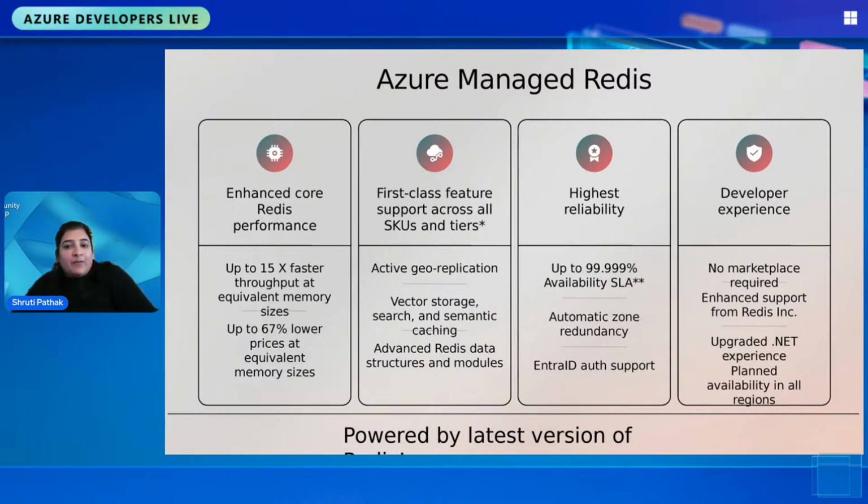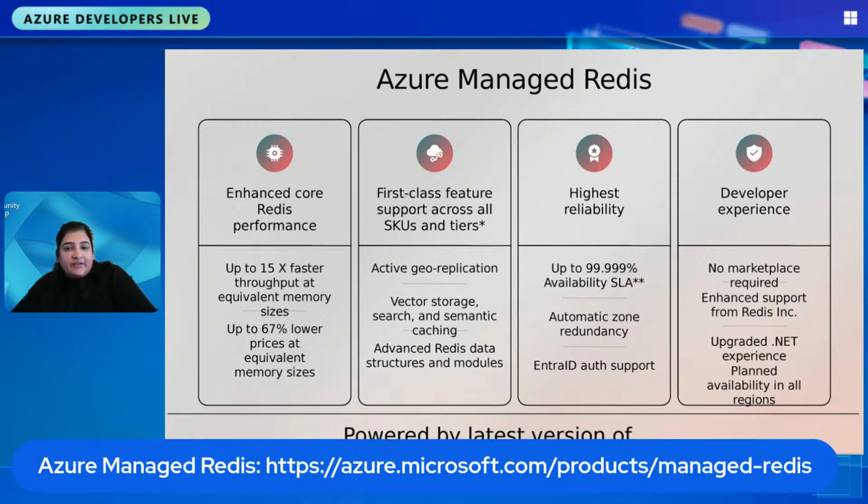So we've removed that marketplace requirement, and this is a first-party Microsoft offering, but we do work with Redis Inc. in the background, and we get you the latest and greatest Redis capabilities directly to your portal. So you don't have to worry about that. We do all that background work in collaboration with Redis Inc. for you.